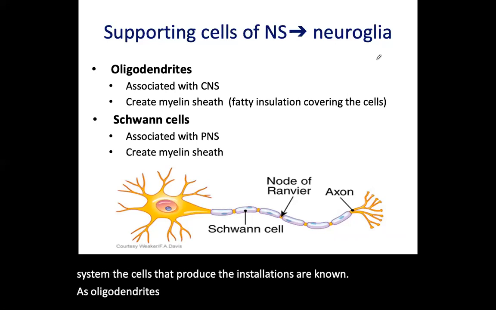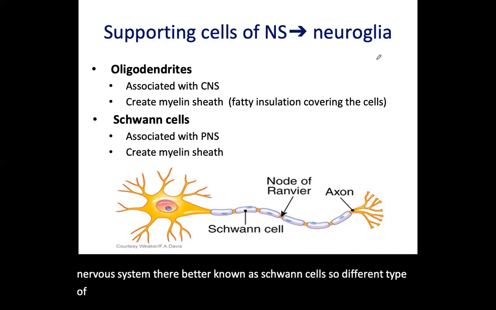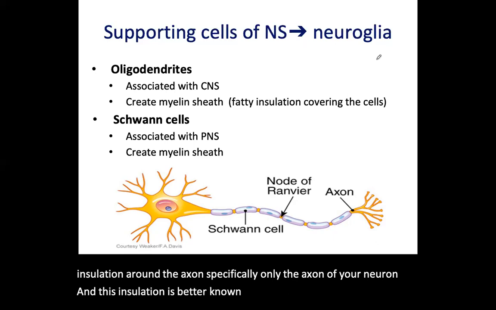And if they are present within the peripheral nervous system, they're better known as Schwann cells. So different type of cells, the same function. Again, what is their function? They produce insulation around the axon, specifically only the axon of your neuron. And this insulation is better known as myelin sheath.